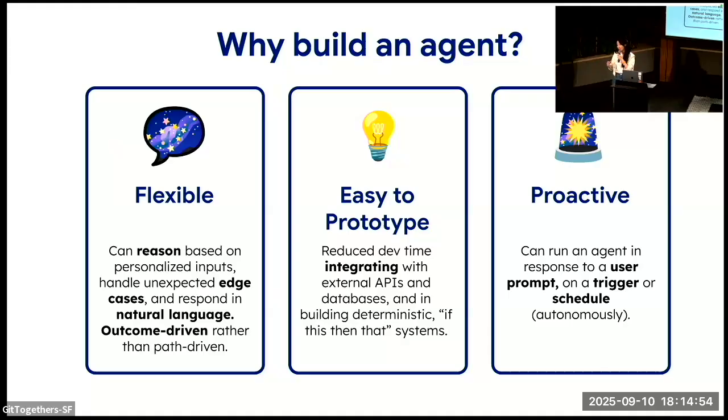You don't have to use an agent. Sometimes you can just have traditional logic do it. You don't have to use an agent because it's expensive to use a model. So even though today's talk is about agents, I want to mention that you don't have to always use an agent or use Gemini, because this is an option.